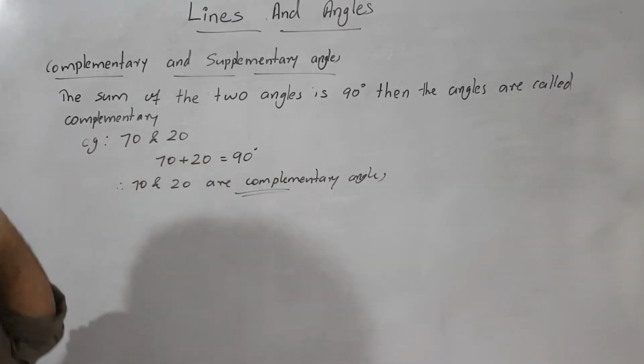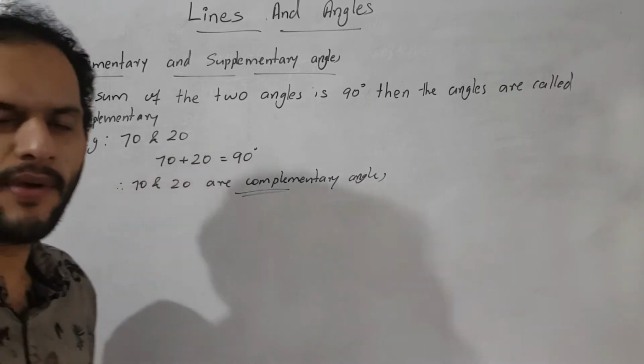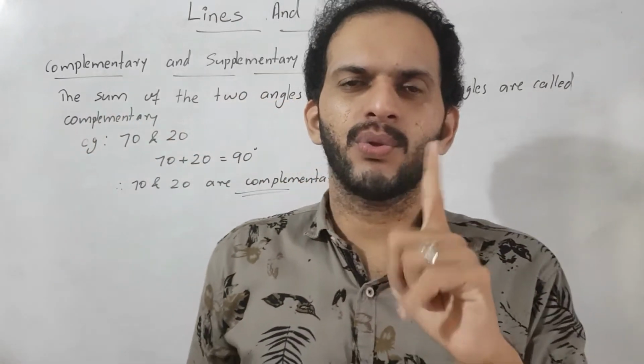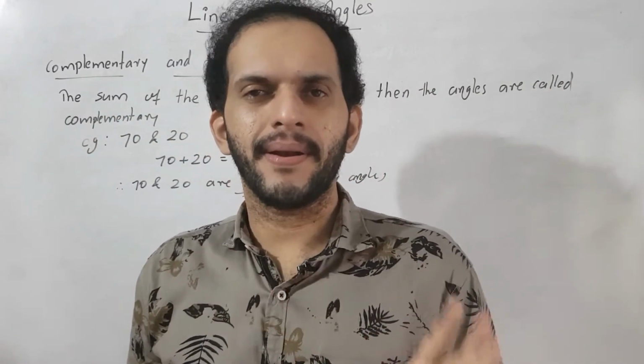So what do we call 70 and 20? 70 and 20 are complementary angles.